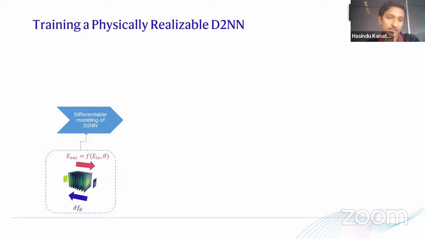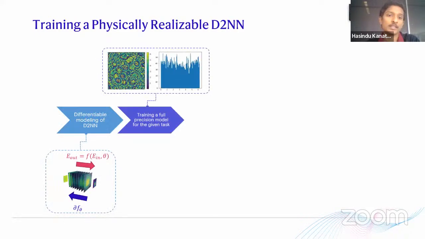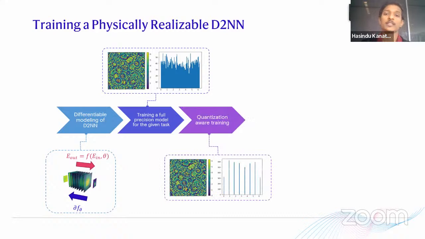To address these challenges, we have to add a couple more steps to the pipeline that I discussed earlier. We can differentiably model the D2NN. Then we can train the full precision model as I explained earlier. After that, to account for the lack of precision, we have to do quantization aware training of the parameters.